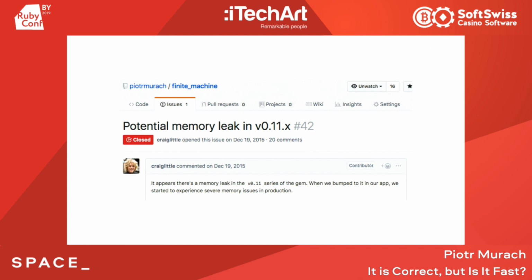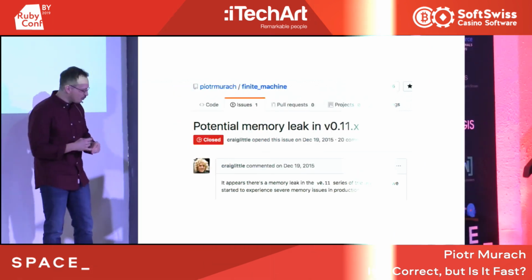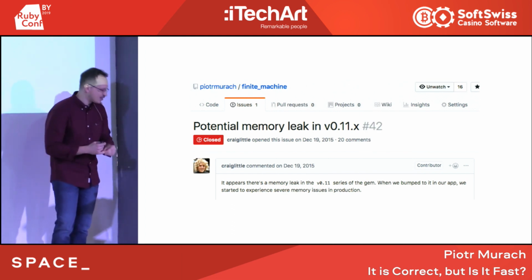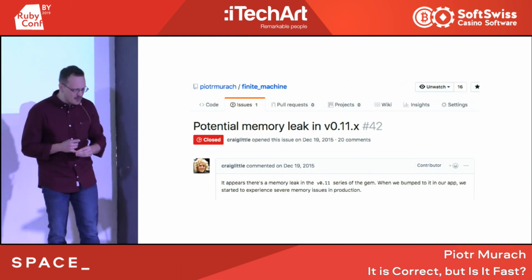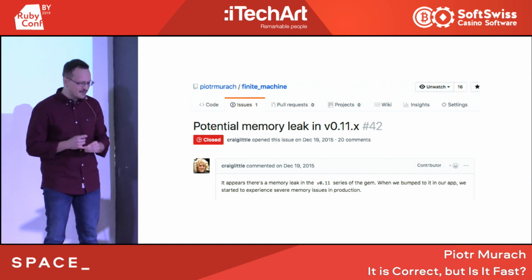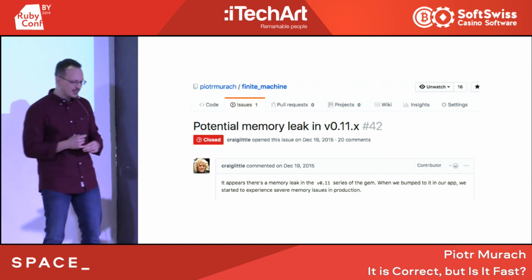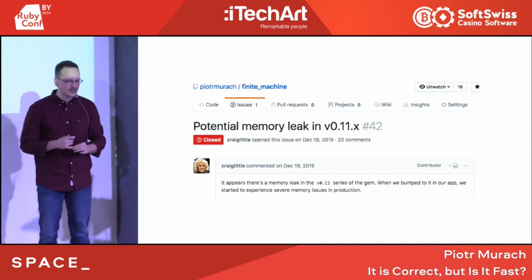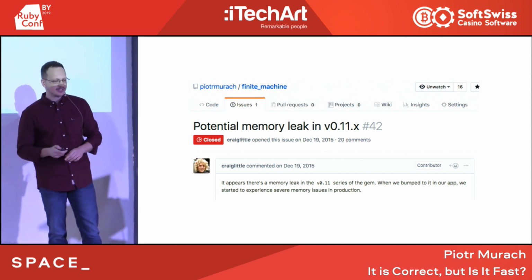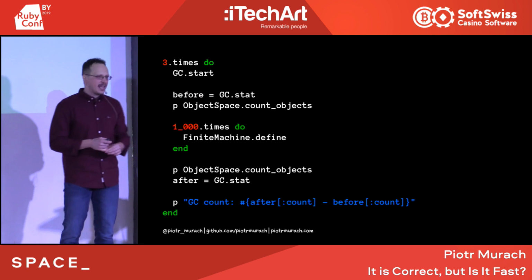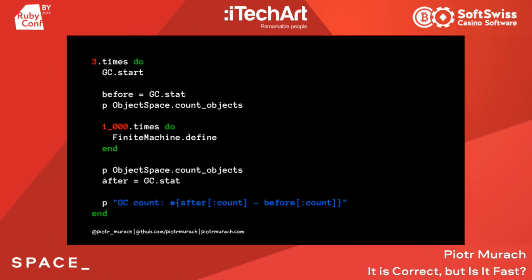I had introduced something, and a helpful person advised me that there appears to be a memory leak in the version 0.11 series of the gem. When we bumped to it in our app, we started to experience severe memory issues in production. Oops. He was so helpful as to provide me a simple script to replicate the issue and see the ballooning memory.